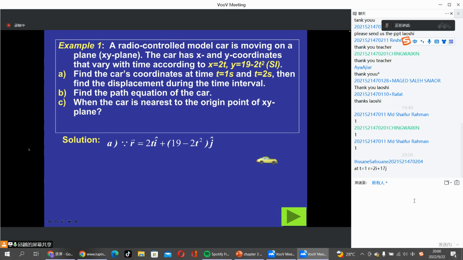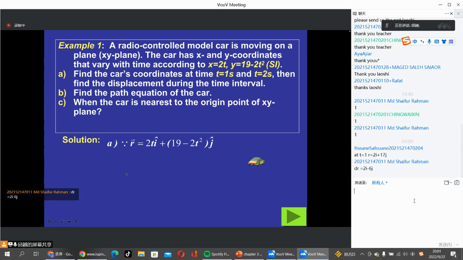Okay, two students got the right answer for question A. Half answer. Okay, let's find the displacement during the time interval.